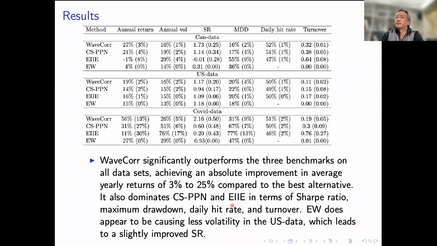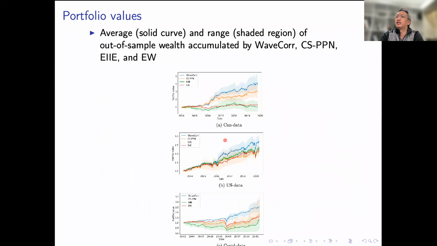I won't go through the details of the numbers, but the long story short is that our model, which embraces the benefit of the convolution network while being permutation invariant, consistently outperforms the other benchmarks across the board.